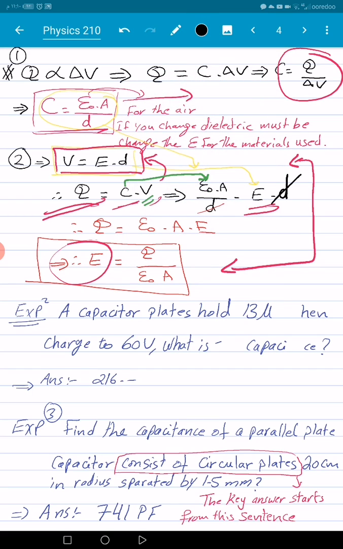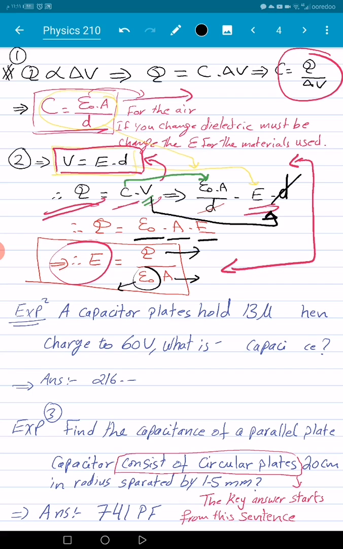So D moves with D. That is the variable of V. D moves with D. So Q is equal to epsilon A E. So E is equal to Q over epsilon naught A. So it depends on the charge, the epsilon (the permittivity of the dielectric), and the area.